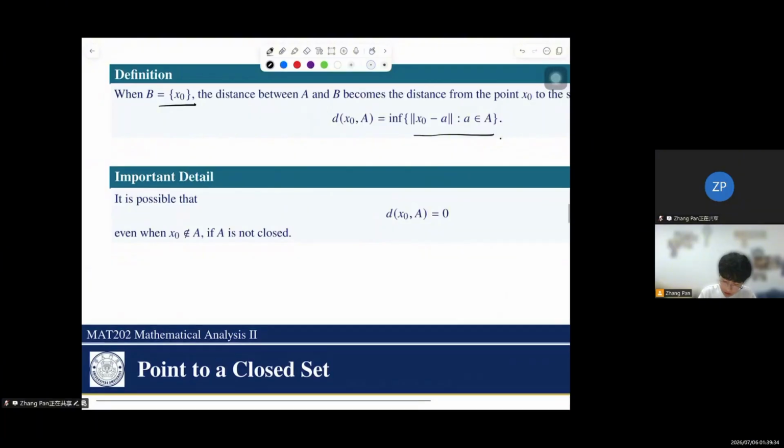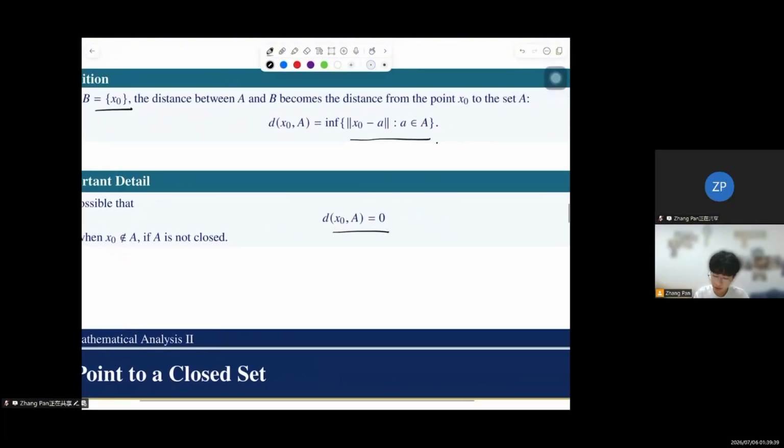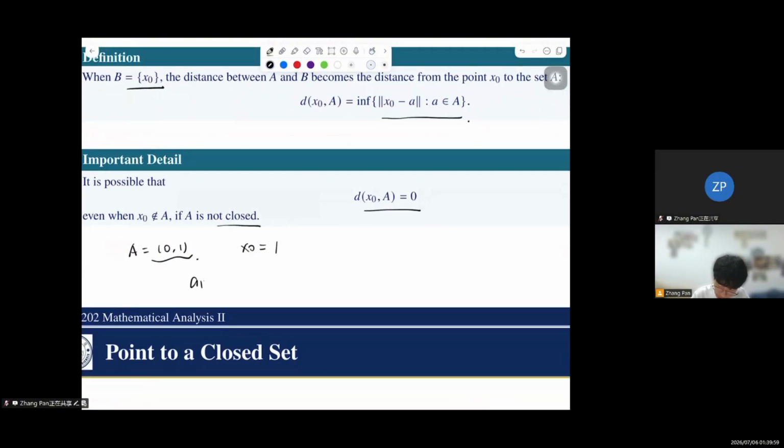Here is one important detail. It is possible that the distance between x0 and A equals 0 when the point x0 is not in A, if A is not a closed set. We can show an example. Let A be (0, 1), so A is not closed, and x0 be the point 1, which is a limit point of A. We can choose a point a_k equals 1 minus 1 over k, which is in A. Then the distance between a_k and x0 is 1 over k.